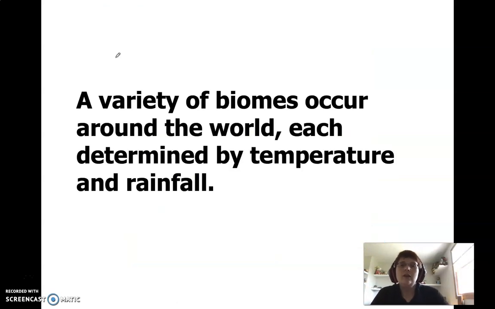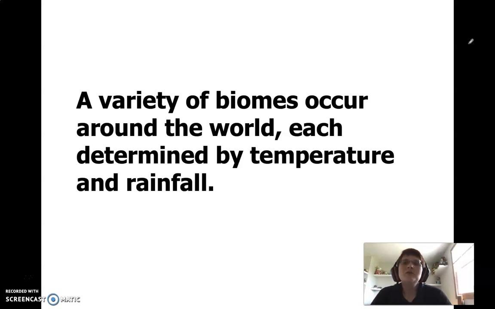So what we're going to look at next are actually not the little types of ecosystems, but what we call biomes. These are big versions of ecosystems. So biomes are basically big ecosystems.